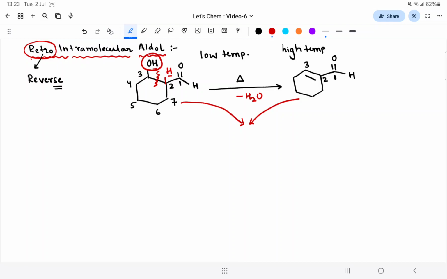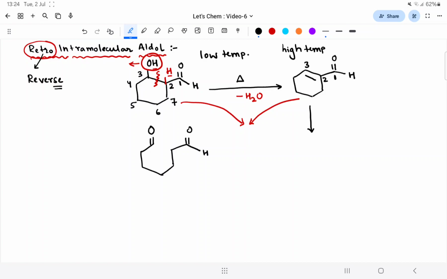As we convert this OH into a carbonyl carbon, we get something like this. This bond is broken, and this will be the reactant in this case.